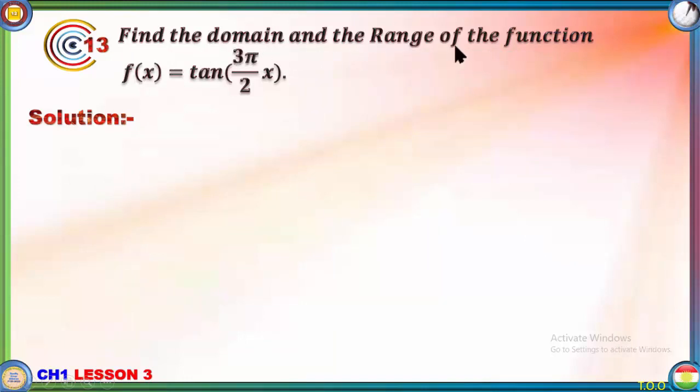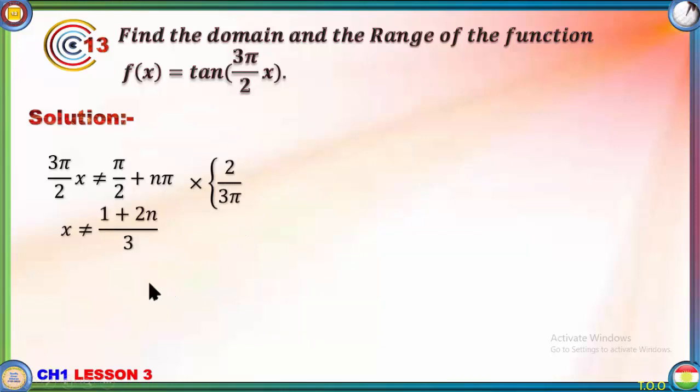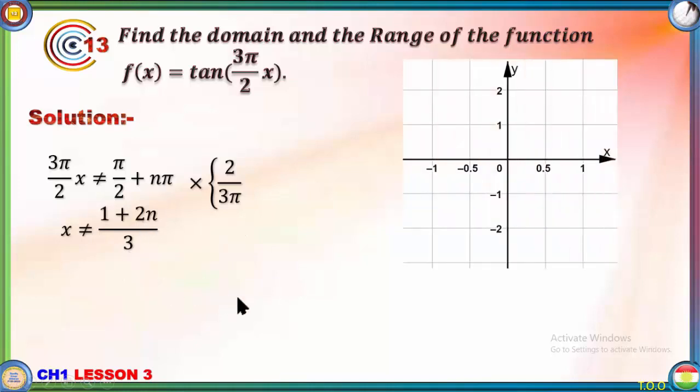Find the domain and the range of the function f(x) equal tan of 3 pi over 2 x. Take 3 pi over 2 x not equal to pi over 2 plus n pi. Multiplying both sides by 2 over 3 pi, it becomes x not equal 1 plus 2n over 3.